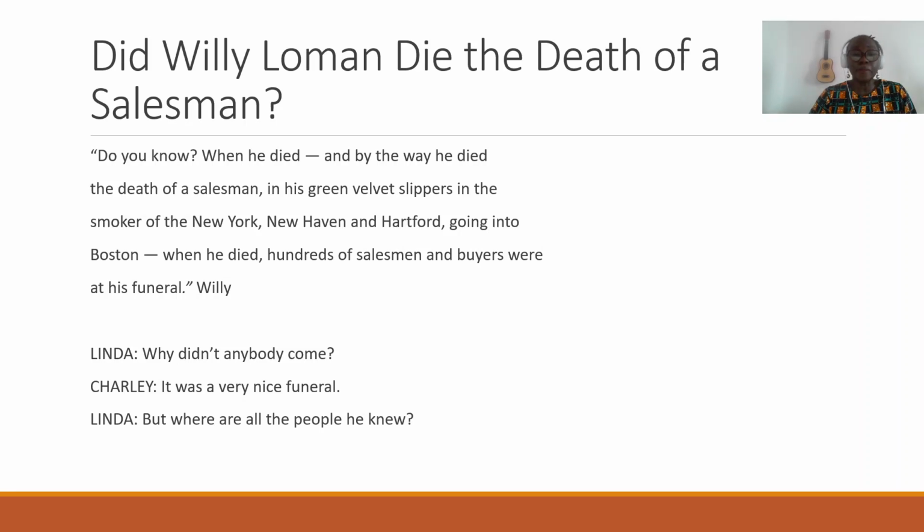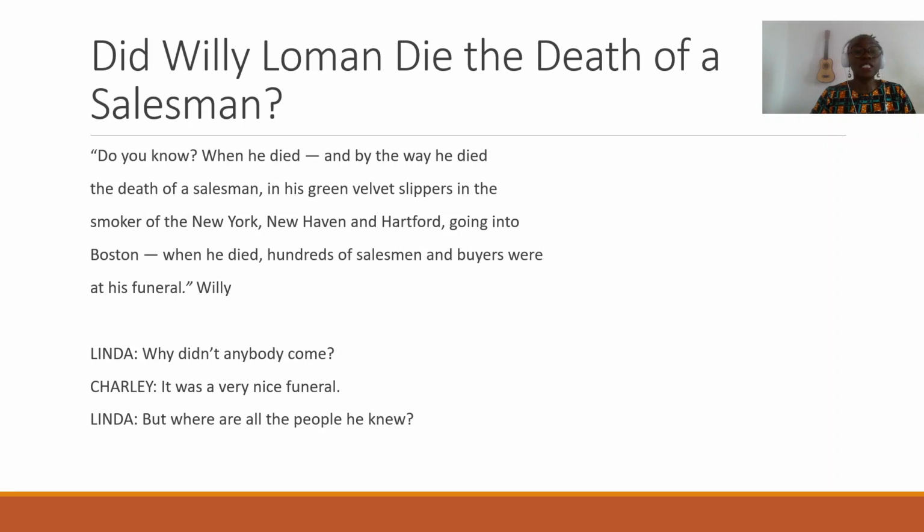And he gets customers. And he goes like, that is the life. And so instead of following his brother to go search for gold in Alaska and make something of his life, he decides to become a salesman. But in the end, did Willie Loman die the death of a salesman?